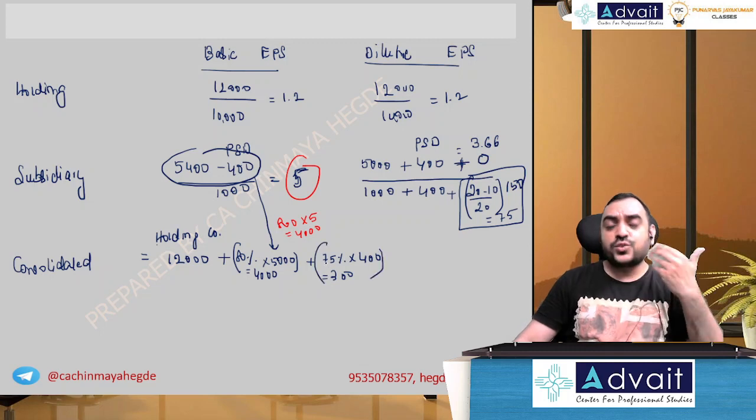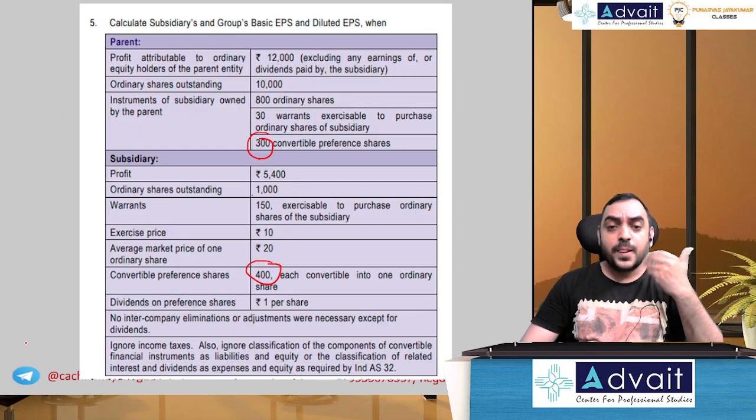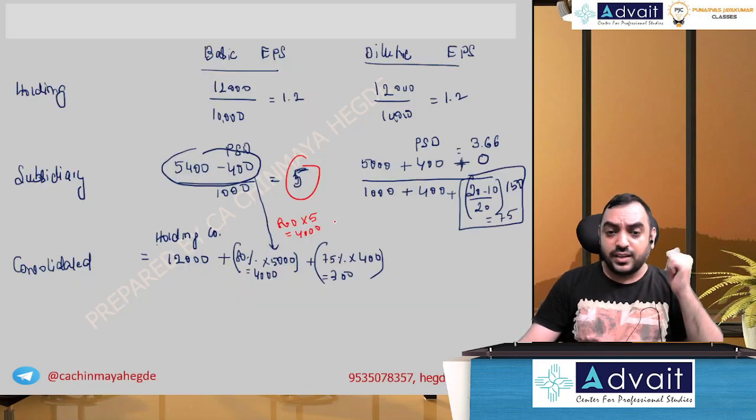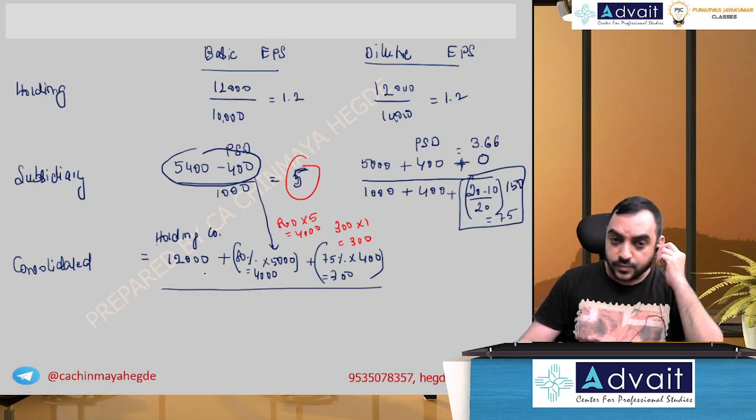Or directly also I can do. How directly can I do? How many preference shares are you having? I'm having 300 preference shares. What is the dividend per share you're eligible for? 1 rupee. 300 into 1 rupee, directly you'll get 300. So 12,000 plus 4,000 plus 300 divided by number of shares, thousands.